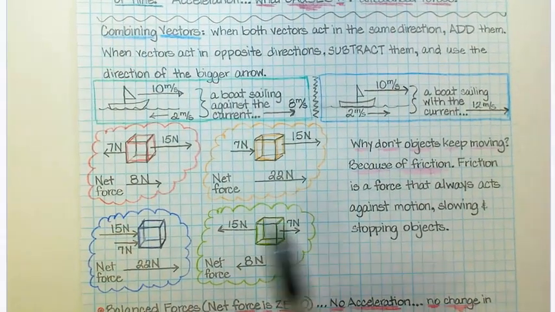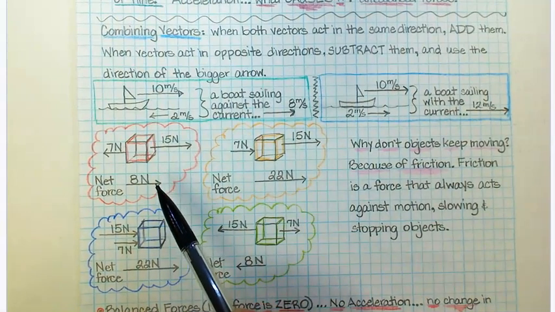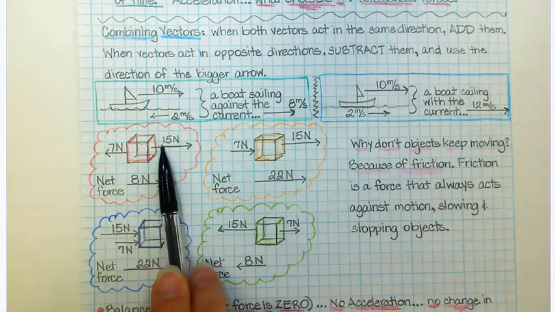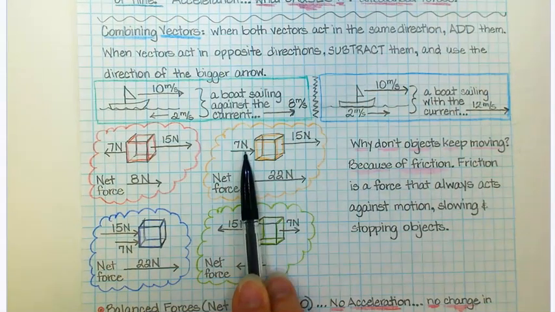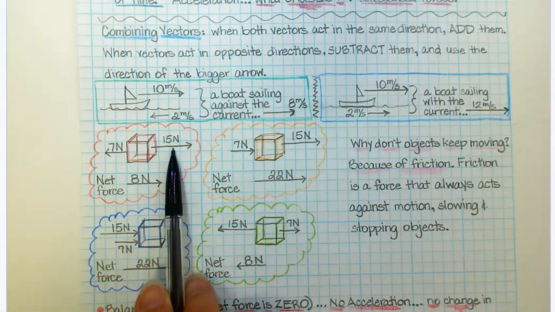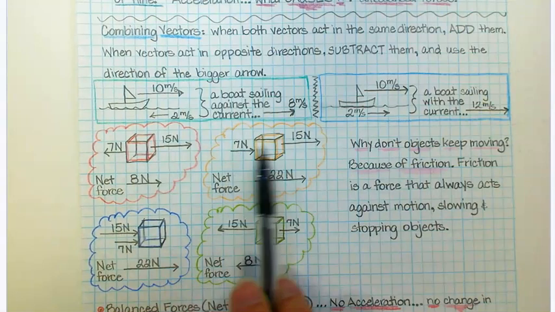All right, you have to know how to combine forces. It doesn't matter whether it's a pull or whether it's a push. What you need to pay attention to is, are the arrows pointing in a different direction or are they pointing in the same direction?